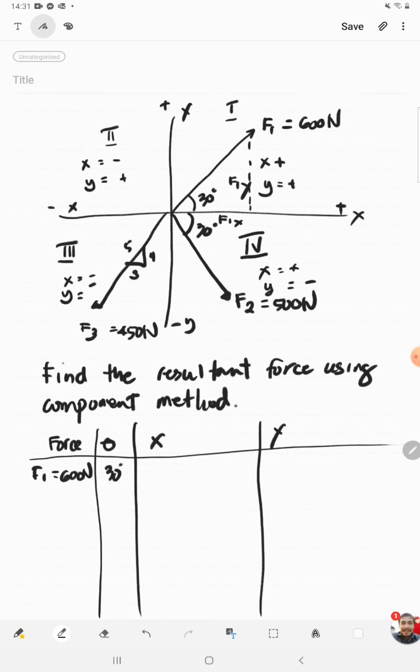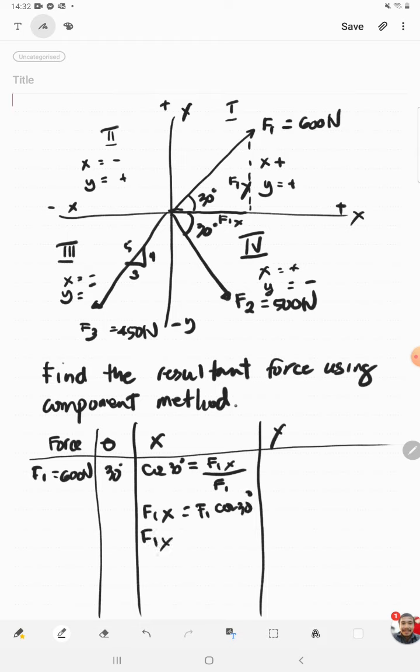You will see that the theta here is lying along x, and when it lies along x, that means your x is cosine. So to find the component F1x, we apply cosine of 30 degrees equals F1x divided by F1. To find F1x, you cross multiply and get F1 cosine of 30.